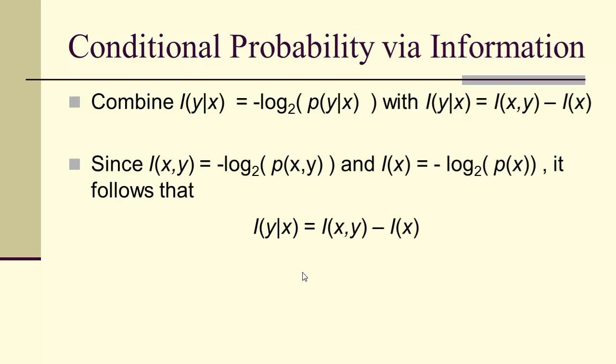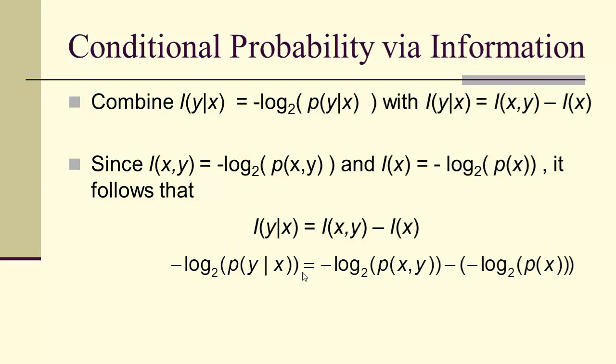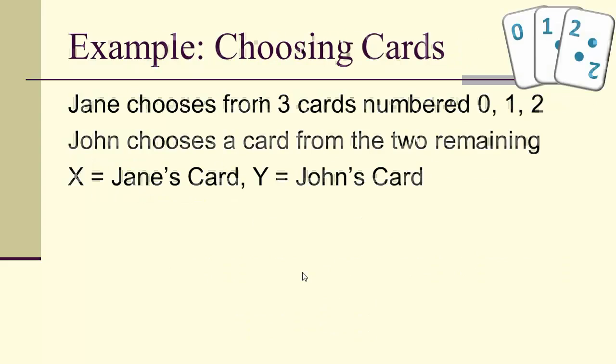So we substitute in the logarithms for the informations into this nice result we have about the conditional being the joint minus the individual. And then we have some algebra to do. We'll cancel the logarithms. But remember, the difference of logs is the log of a ratio, of a fraction. And from that we end up with our formula.